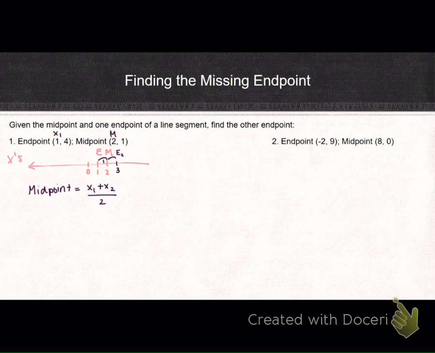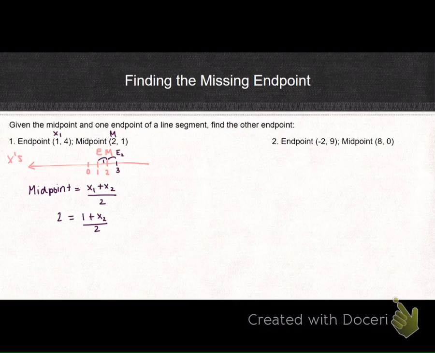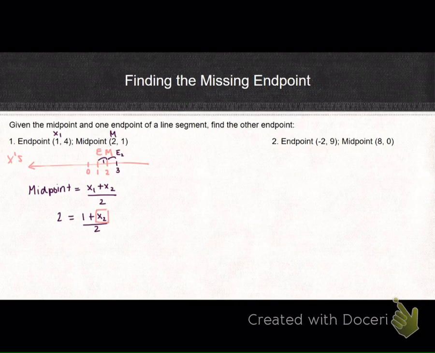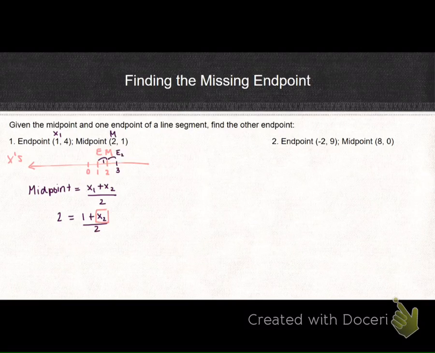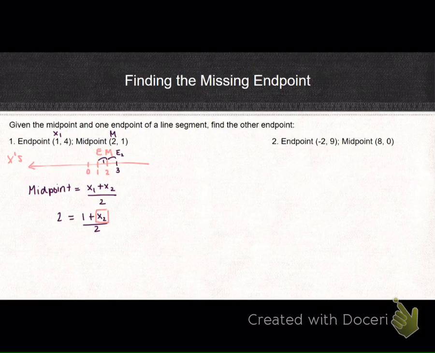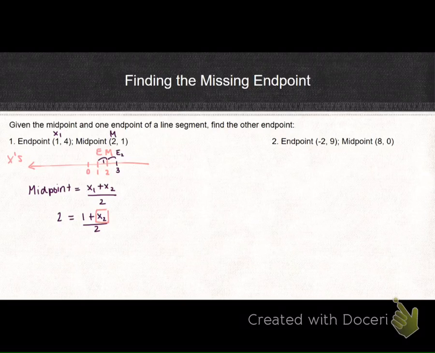So we know the midpoint, so we plug in 2 there. We know x1 is 1. And we divide by 2. And we're trying to figure out what x2 is. I'm showing you 2 different ways because mathematically some of you will get really confused. Others of you will like to just graph it out and see it that way. So it just kind of depends on who you are and what you need.